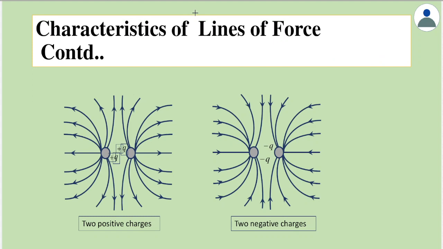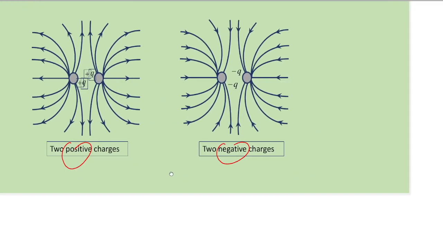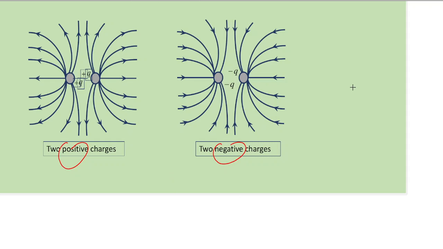We can even draw the configurations for a system containing two positive charges or two negative charges. Now in this case, we'll take the first case where we have two positive charges. Now for a positive charge, the field lines would go outwards.